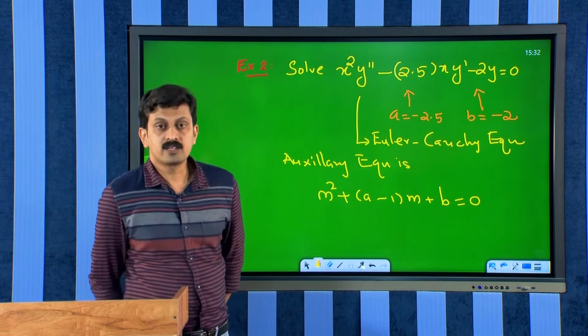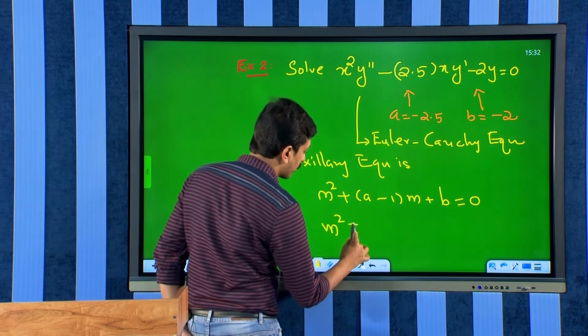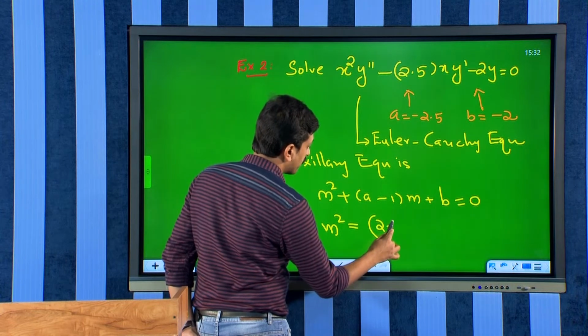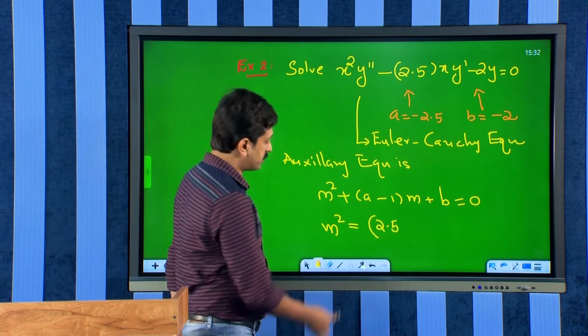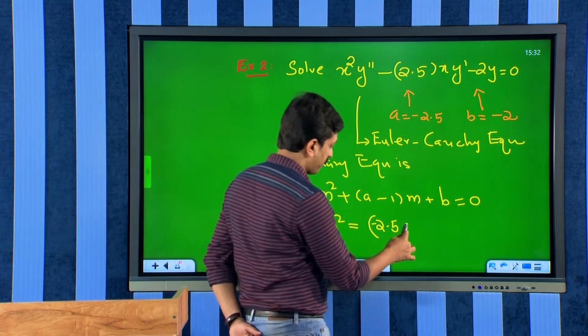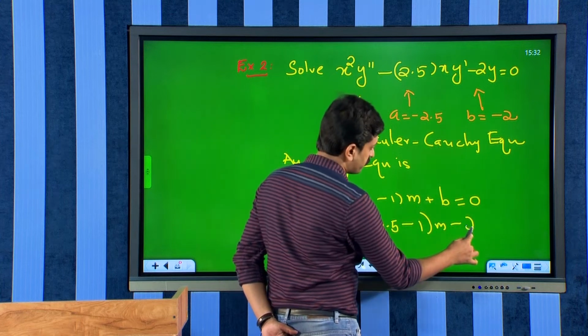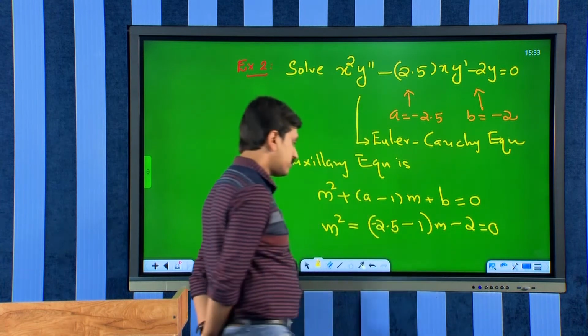So, we have m square plus (minus 2.5 minus 1) into m minus 2 equal to 0.